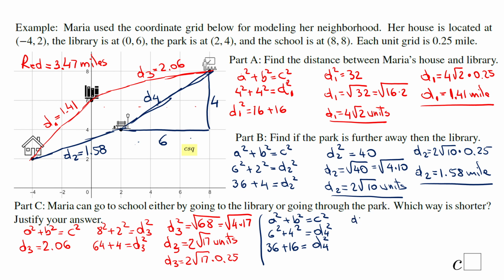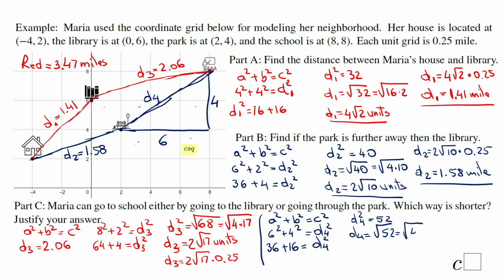And d sub 4 squared, that will be 36 plus 16, that will be 52. And if we take the square root to get d sub 4, the square root of 52, that will be 2 square root of, let me show you why.